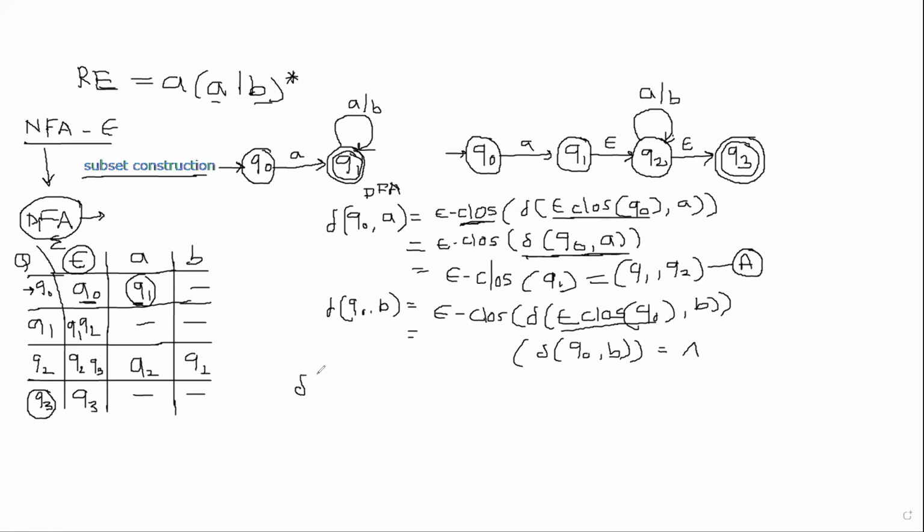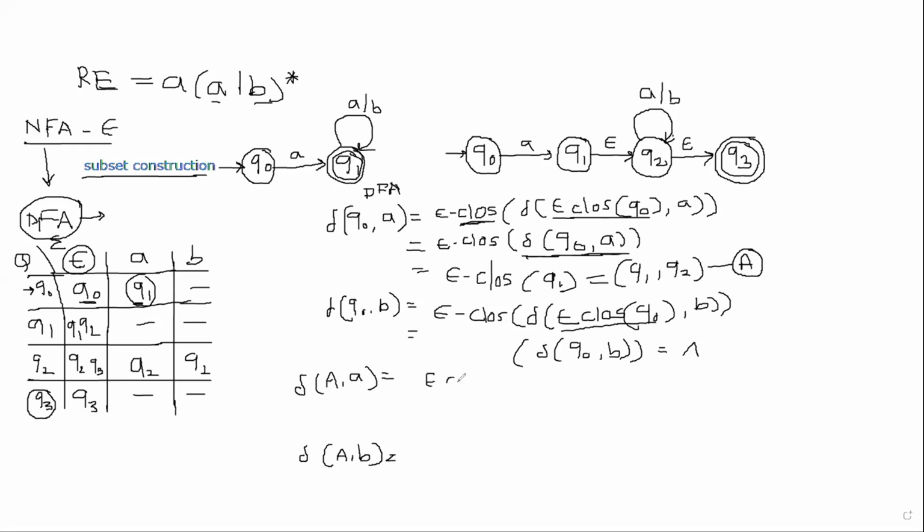So next I will have the transition of capital A state with small a, and I will have the transition of capital A with small b. मग हीच स्टेप तुम्हाला परत by using the same formula I will repeat this whole process till new states are getting generated. जोपर्यंत नवीन स्टेट मिळतात तोपर्यंत तुम्हाला हे सगळं रिपीट करावं लागेल. And that is your subset construction method.